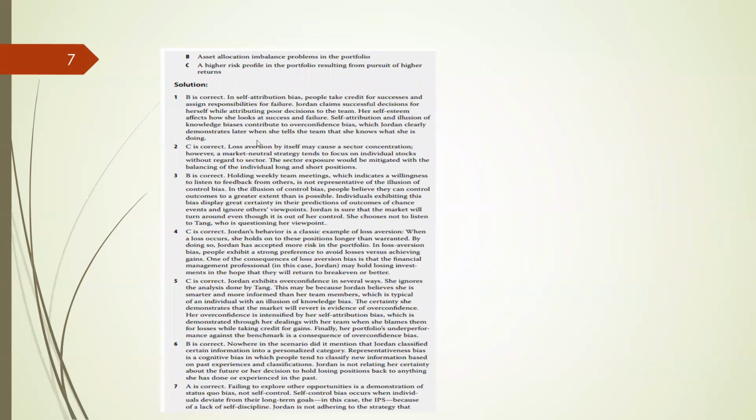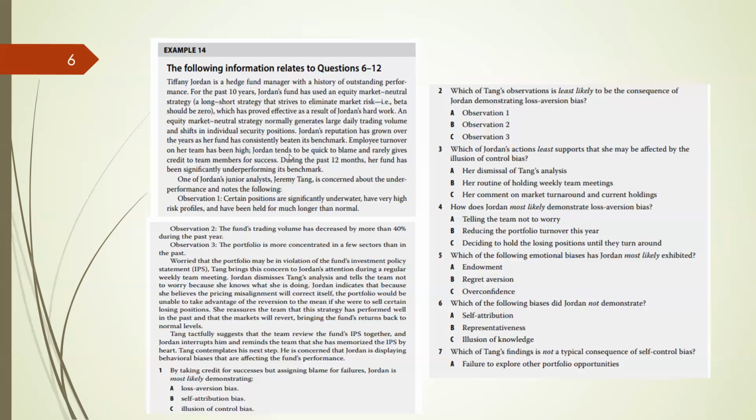People take credit for successes and assign responsibility for failures to others. Next one: which of Tang's observations is least likely to be the consequence of Jordan demonstrating loss aversion bias? So loss aversion bias, in this context, means holding on to losing stocks for a long period of time.